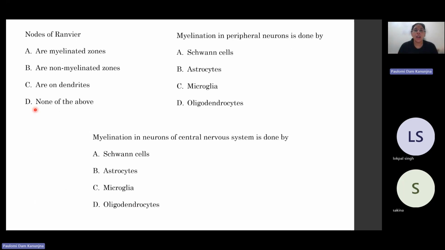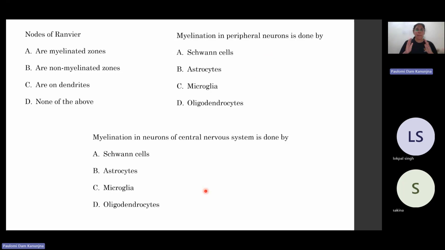Okay, next. Now we have come to neurons and important terminologies which can also help you understand the topic. So we have nodes of Ranvier. I have already shown you what nodes of Ranvier are. So what does this mean? And then the next question: myelination in peripheral neurons is done by which cell?